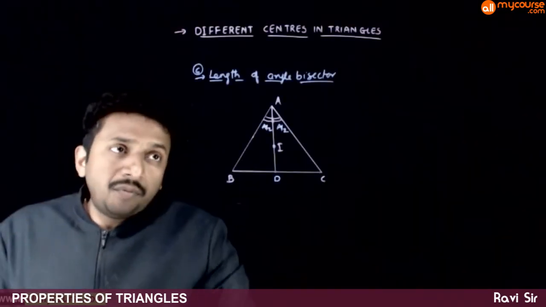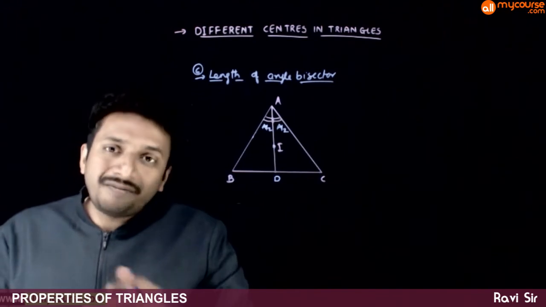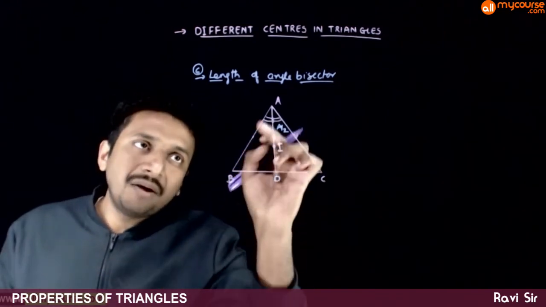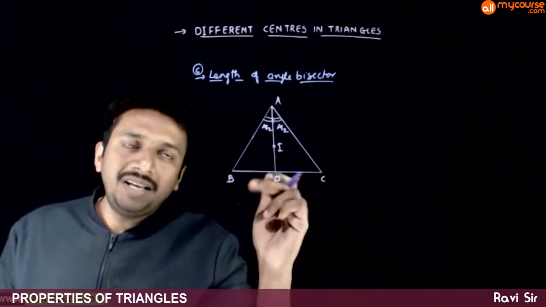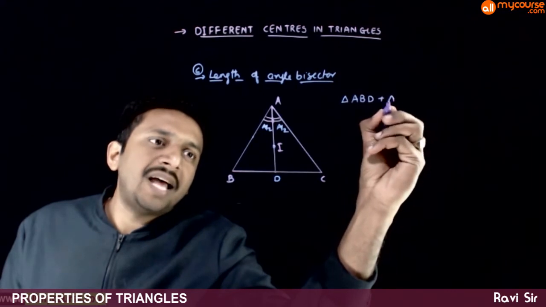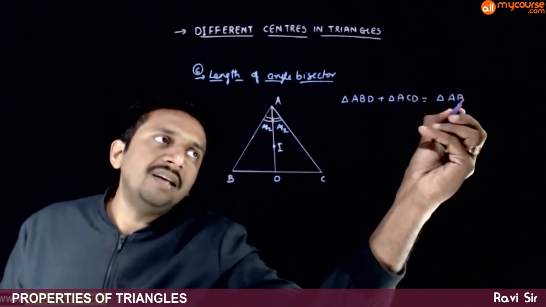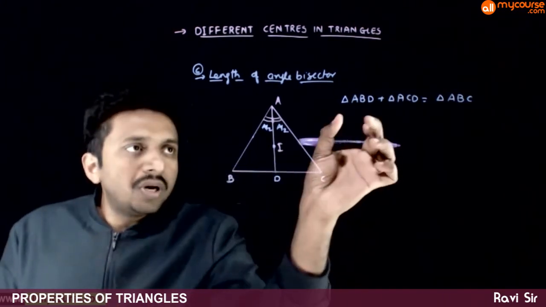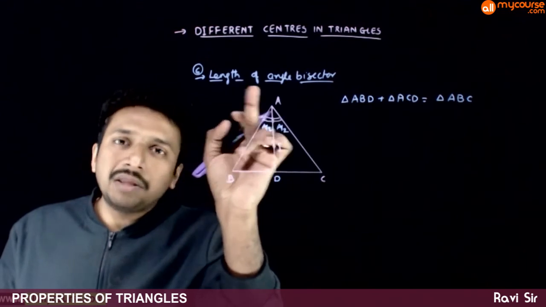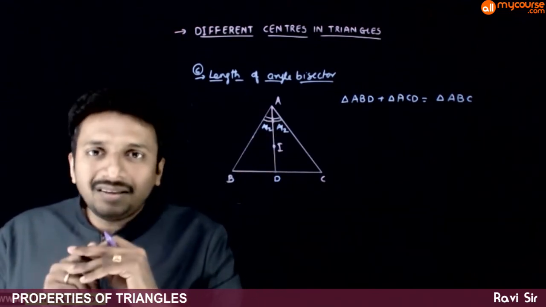So next, if you want the length of the complete angle bisector also, you can find it very easily. So how do I find it? What is the area of triangle ABD? Triangle ABD area plus triangle ACD area is equal to area of triangle ABC, right? I am going to find the length of the angle bisector, so I'll try to retain that angle bisector in the expression.